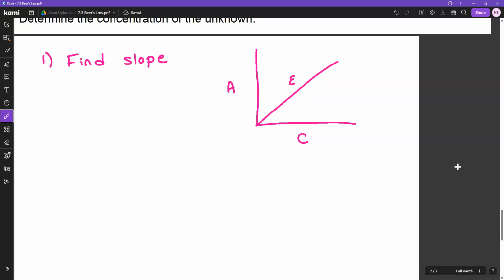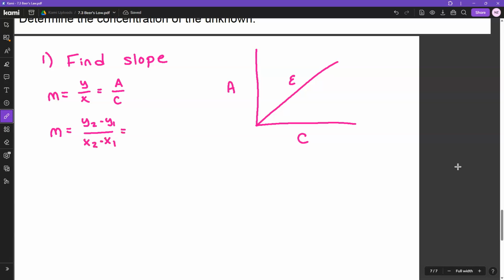Slope is rise over run, or y over x. Our y in this case is A, and our x is our concentration, or C. If you're solving for slope, it would be y2 minus y1 over x2 minus x1.